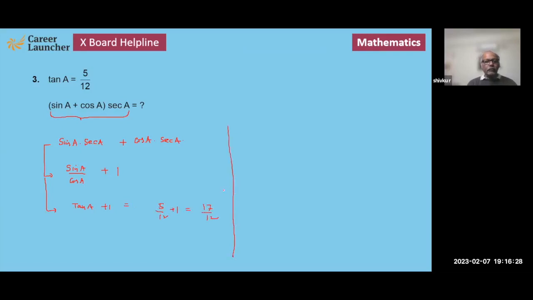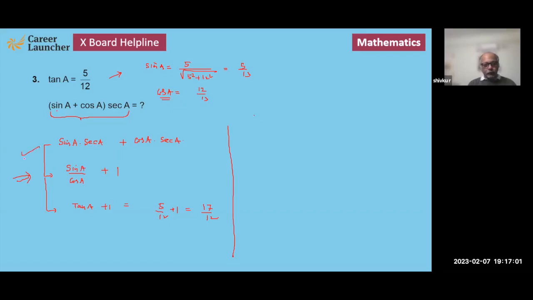What is not a smart way to do this is, for example, somebody could have said, okay, I can find sin A is equal to 5 by root of 5 squared plus 12 squared, or 5 by 13, and cos A is equal to 12 by 13, and then plug these values in and do the calculation. That is not a smart way to do it. Finding the values of sin A and cos A and putting them in is not the best way to do this question.